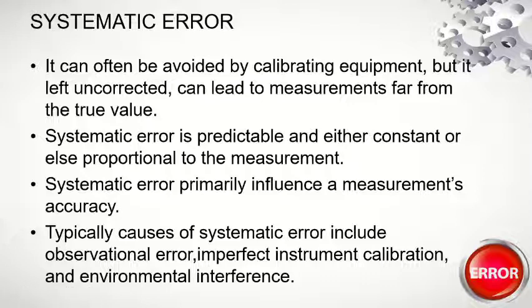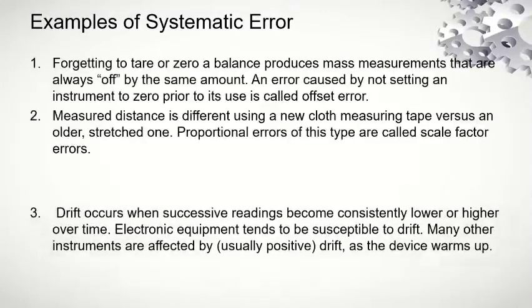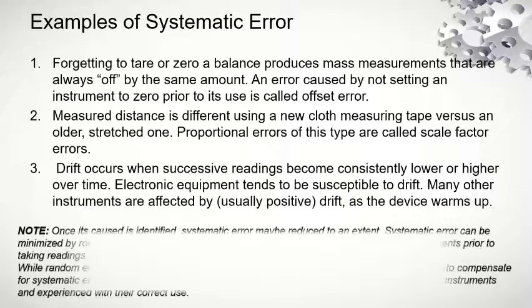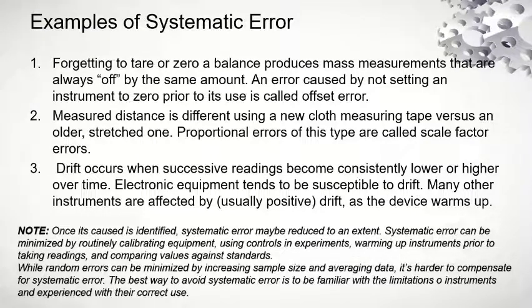If we are not lacking in instruments, we can avoid systematic error. Right? If we have complete experience with the correct use of the instrument, we can avoid systematic error. Systematic error is avoidable, while random is unavoidable.